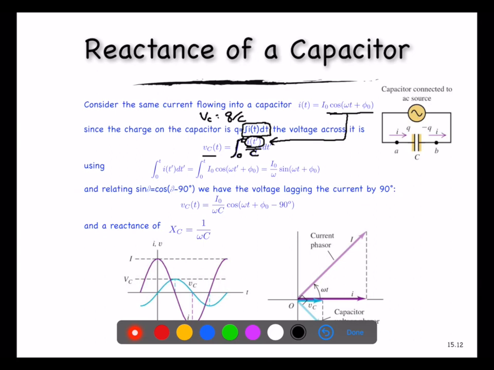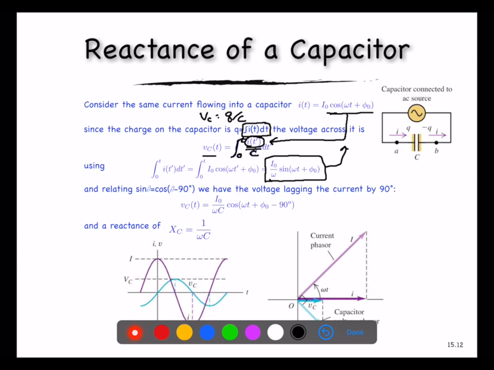So we'll end up integrating a cosine, and the integral of cosine is sine. So we end up with sine of omega t plus phi. And again, from the chain rule, because we have an omega out front, we're going to end up with a 1 over omega when we do the integral. So you can check this. If you take the derivative of this expression for the integral, you should get back to our expression for the current.